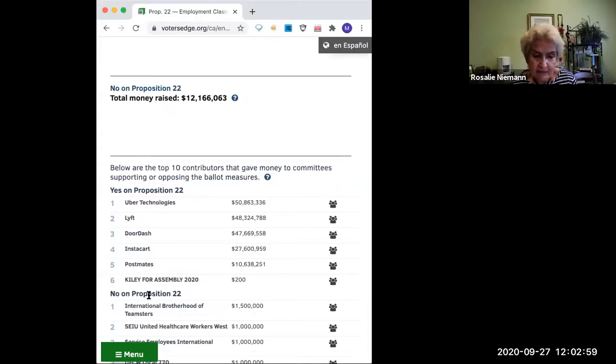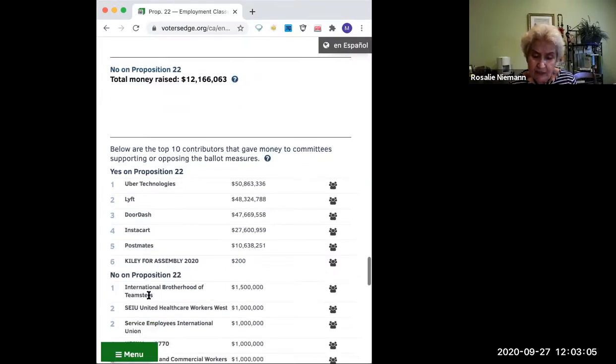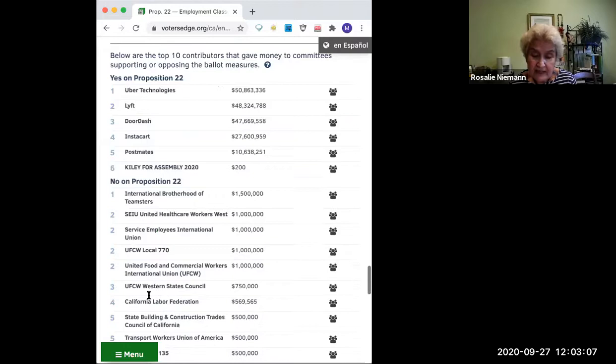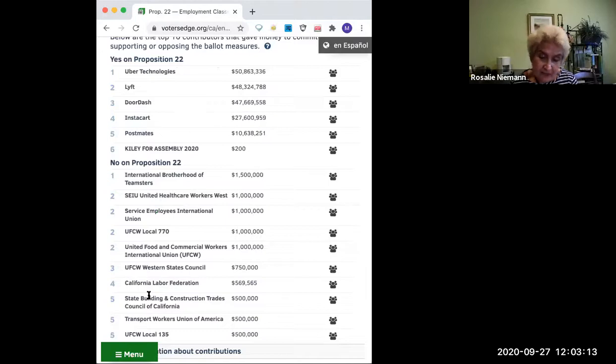The people who are opposing are Joseph Biden and Kamala Harris, the Service Employees International Union, CTA, and Gig Workers Rising. So it is the difference between $184 million paid by the delivery companies versus 11 million.